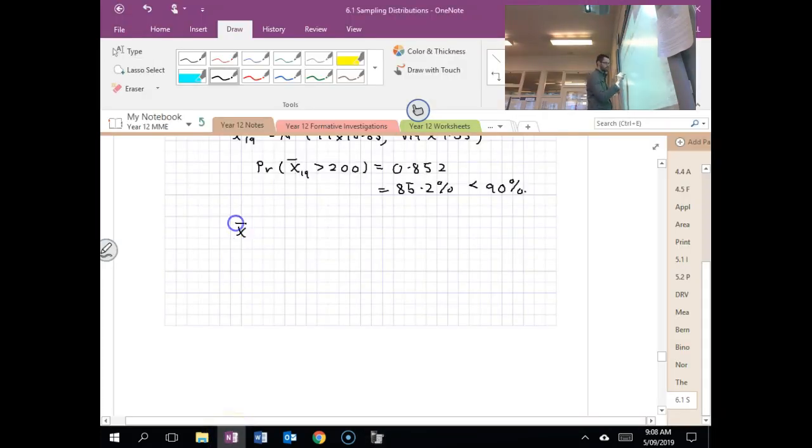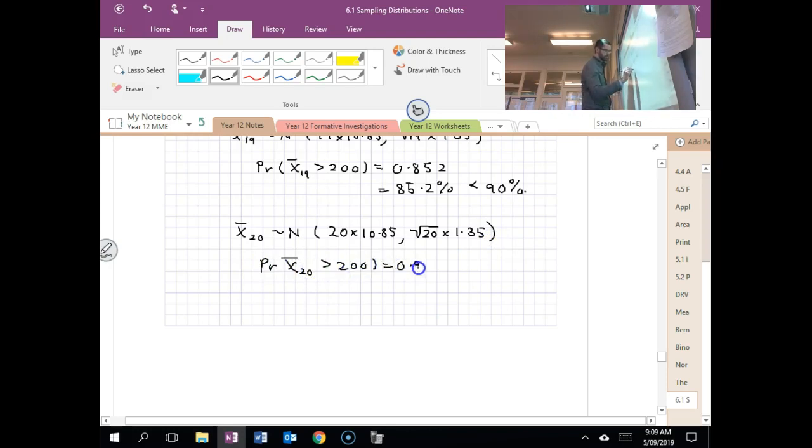So then S20, just to finish it off and communicate, is going to be 20 times 10.85 for the mean, and root 20 times 1.35 is the standard deviation. So the probability that S20 is greater than 200 is 0.998, which is 99.8%, which is greater than 90%. Therefore, 20 batteries is enough.